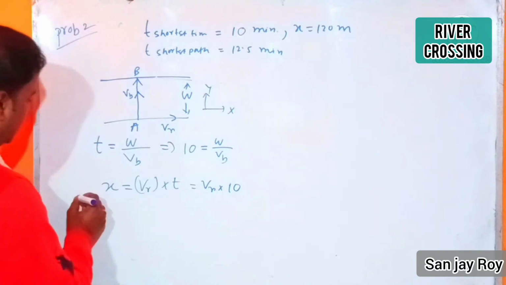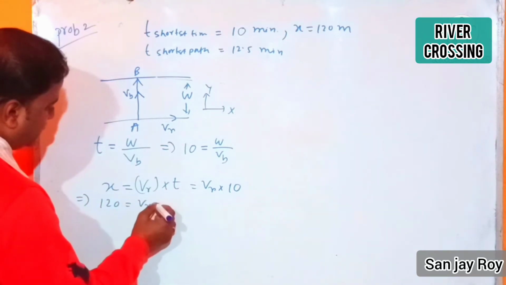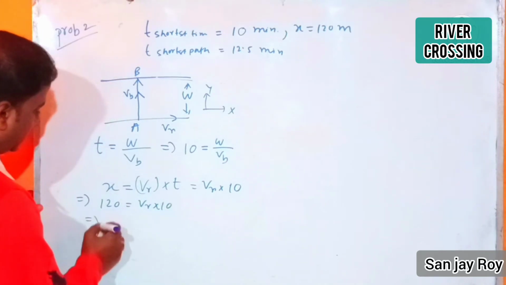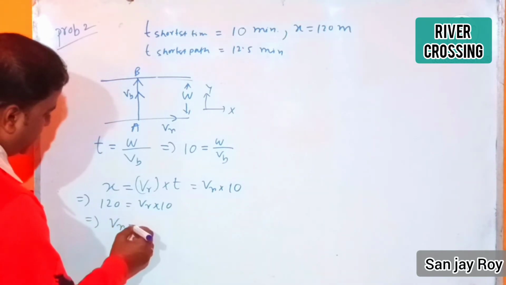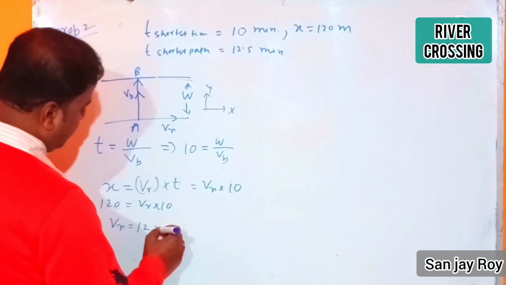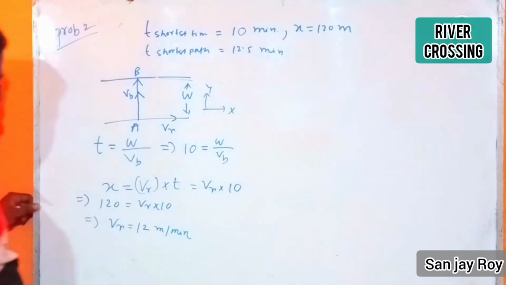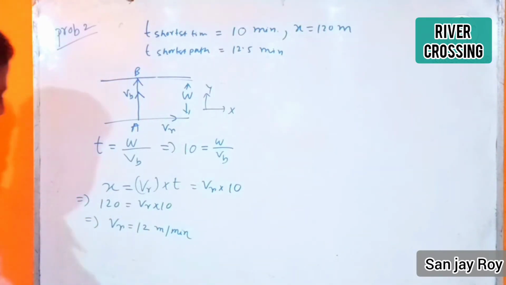Here the value of x is 120. Then we get river current equal to 12 meter per minute.